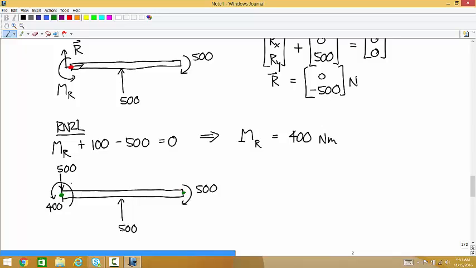And where else is the subfunction going to change, possibly? In the middle at that 500 Newton. So we're looking for the endpoints. We're looking for places where there are point loads. That's this. And we're looking for places where the distributed load function changes. We haven't dealt with distributed loads yet. Okay, so n equals 3. And that means we're going to have to do 2 cuts.